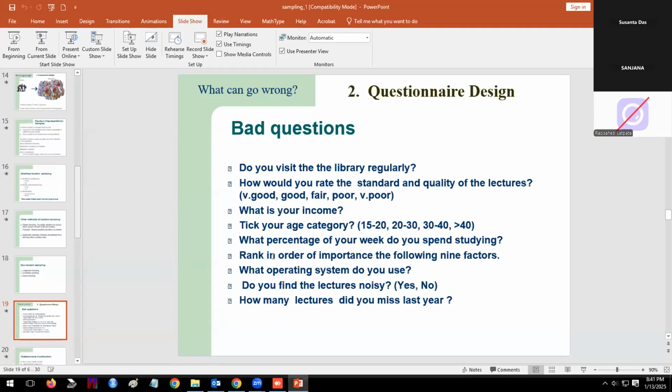Rank the order of importance of the following 9 factors. What operating system do you use? Everyone says Windows because they know only that. Do you find lectures noisy? The answer will be a yes or no kind of answer. This kind of question should be avoided. And how many lectures did you miss last year? This kind of question is also avoided. Whenever you design your questionnaires in your research, these kinds of questions should be avoided.